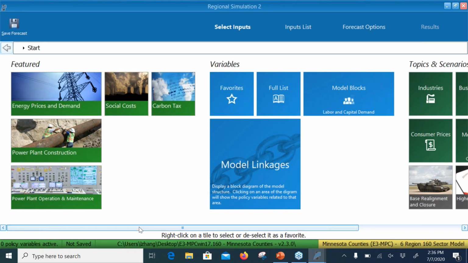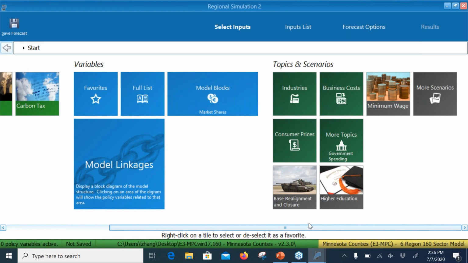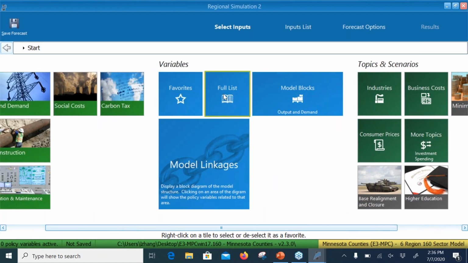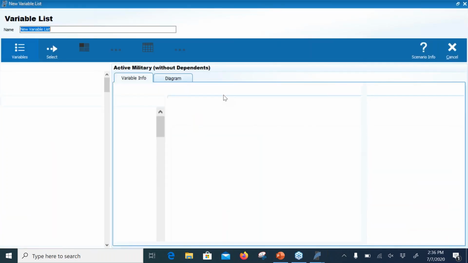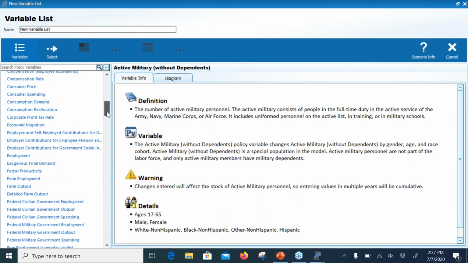One vital piece of policy analysis in any model is the ability to run simulations. All the stuff here on the right that you see is available in any of REMI's models. And so we have the ability to model policy changes to any of these variables.